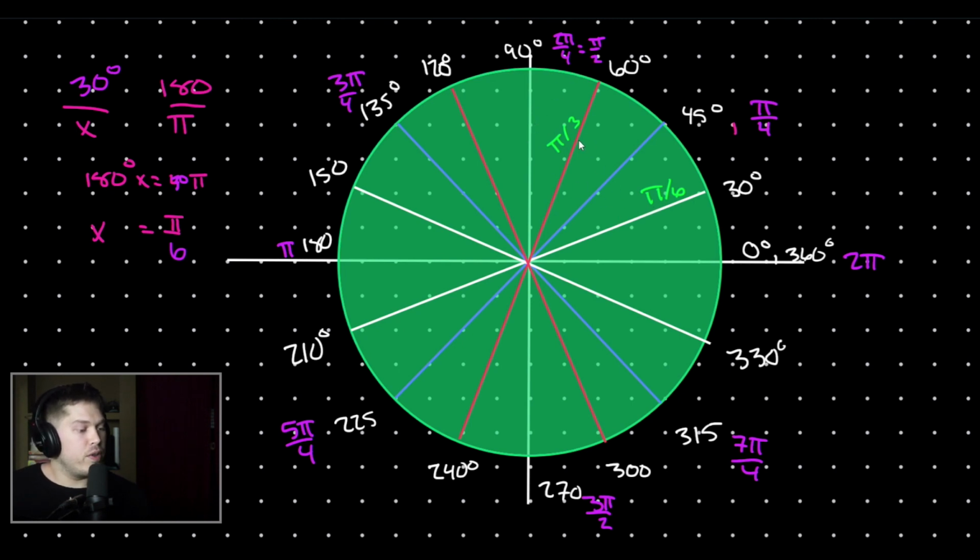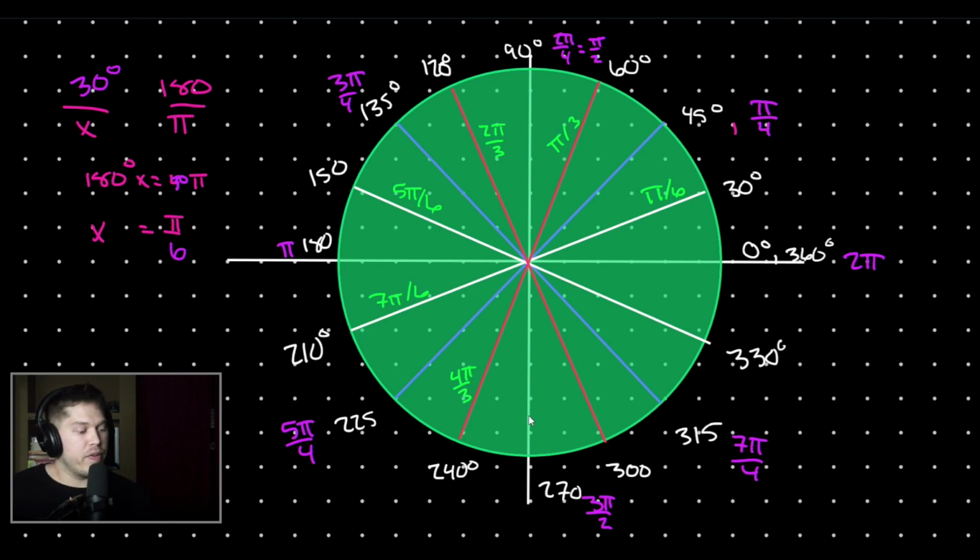So pi over 6, 2 pi over 6, 3 pi over 6. 120 is going to be 4 pi over 6, or 2 pi over 3. Then we have 5 pi over 6. 6 pi over 6 is 180. 7 pi over 6 is 210. 8 pi over 6 will be 240, and that simplifies to 4 pi over 3.